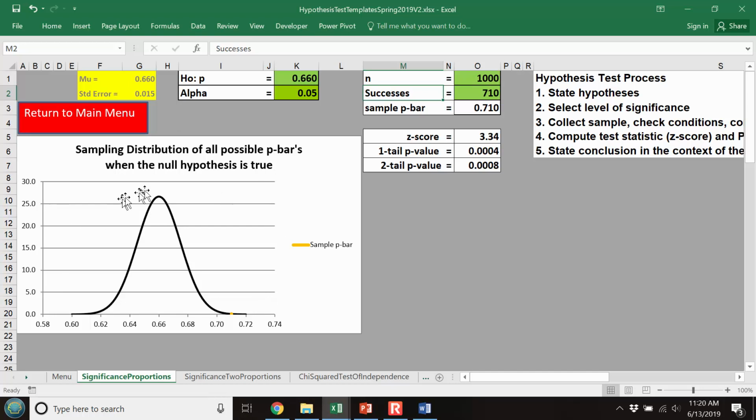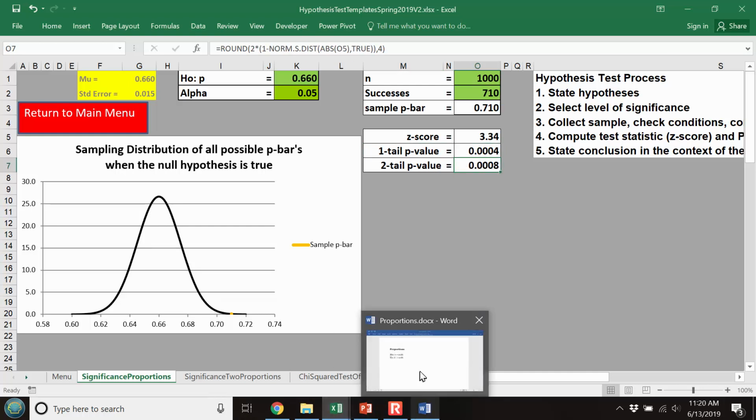So here, if the population proportion is still 66%, this shows the sampling distribution for multiple samples of 1,000. We landed here. That looks pretty far out. And then it tells us the z-score for that is 3.34. If you kind of understand normal distributions, that alone would be enough for you to think, wow, that's big. And here's the p-value. I'm looking at the one-tail p-value instead of the two-tail because I'm going back to my hypotheses.